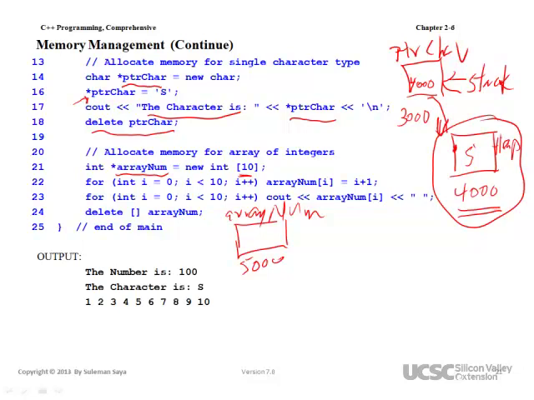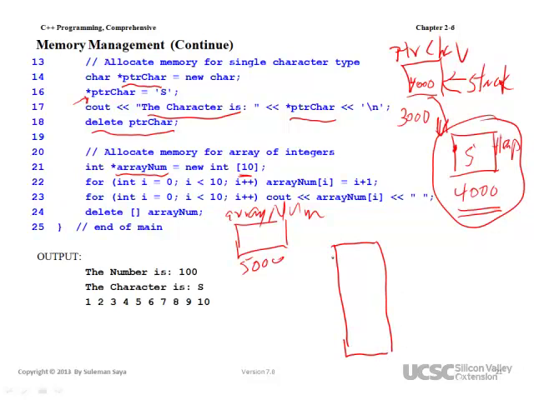That means I want to create an array of 10 integers, one after the other. So they will be all together in the memory. So this basically is an array of 10 integers.